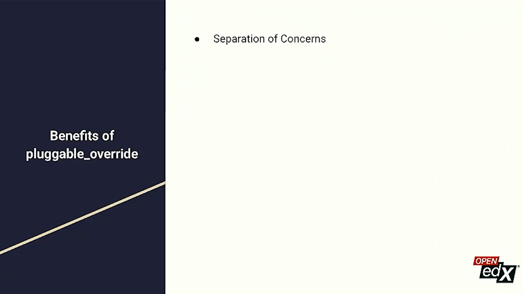Number one being the separation of concerns. As you know, it keeps the custom business logic isolated from the core code base. And number two is the maintainability.